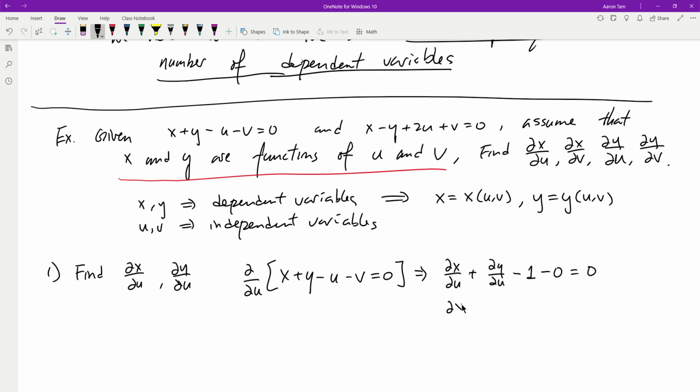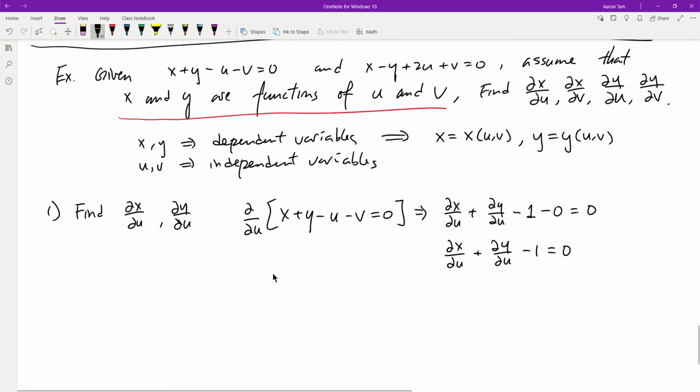Notice this gives us an equation that involves both dx over du and dy over du, which is the reason why we have to find them together.